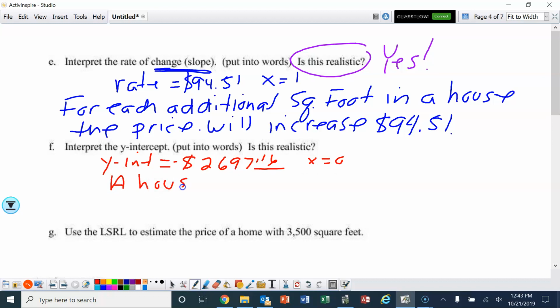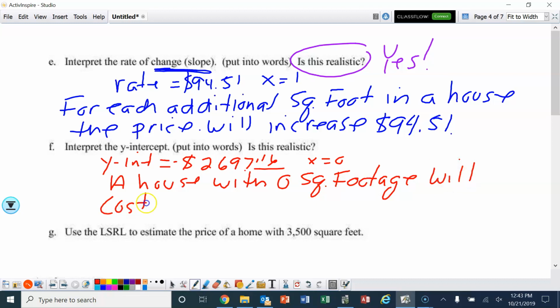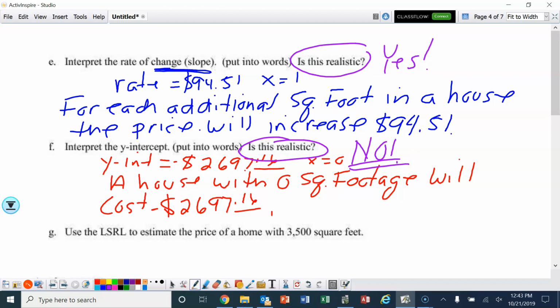A house with 0 square footage, that means a non-existent house, will cost a negative $2,697.16. That's what it means. A house with 0 square footage will cost negative $2,697.16. Well, is that realistic? No, that is not realistic. Okay.